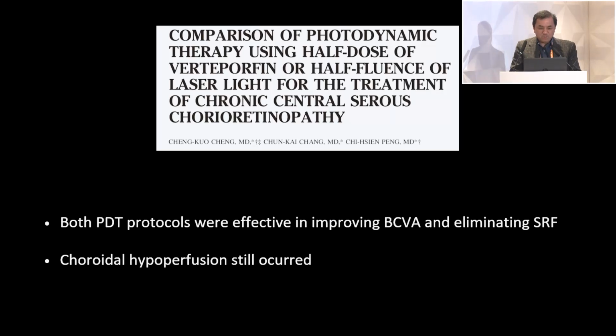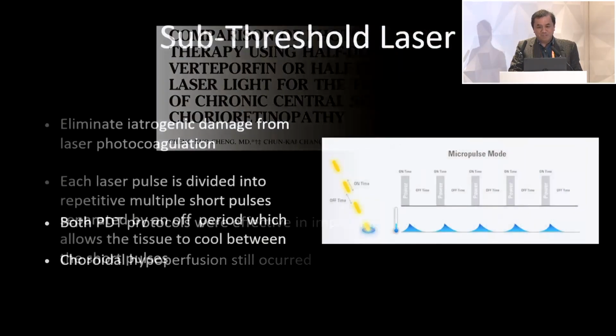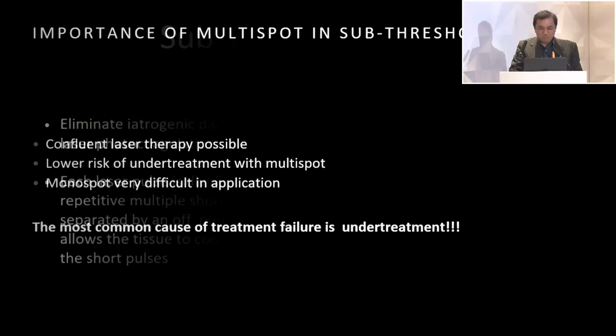And they showed in this publication that both PDT protocols were effective in improving best-corrected visual acuity and eliminating subretinal fluid. However, choroidal hypoperfusion still occurred in a significant number of patients using either of these protocols. So you already saw this.